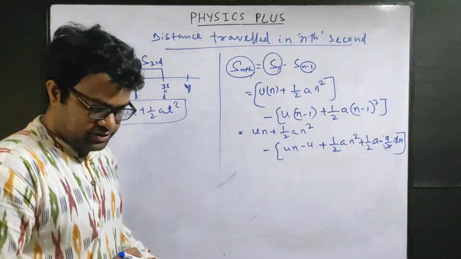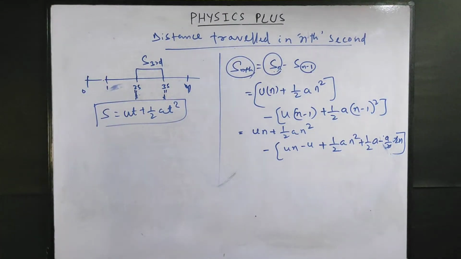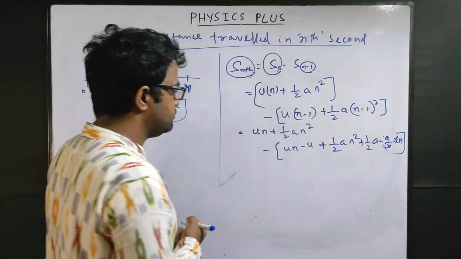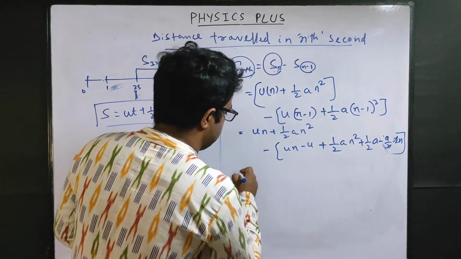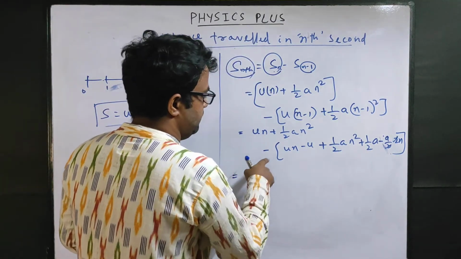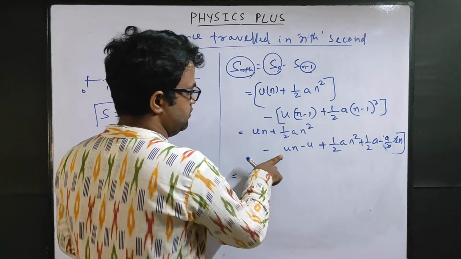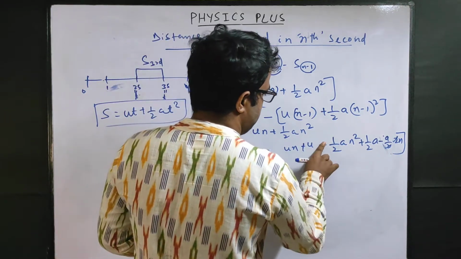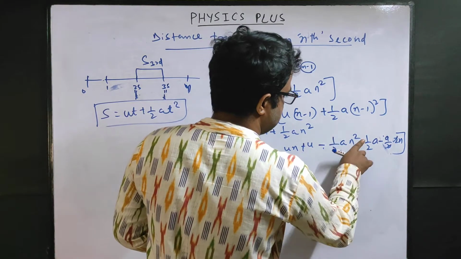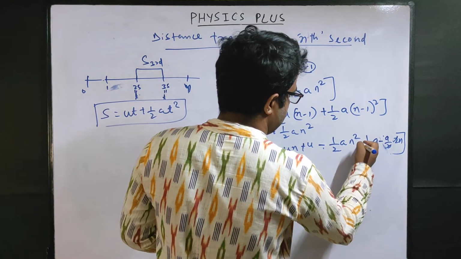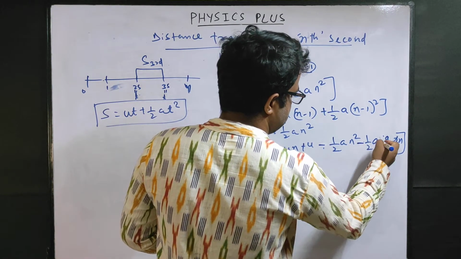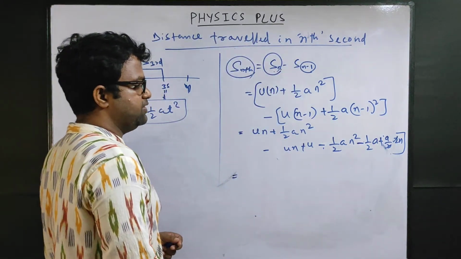So what you are getting here, just open the bracket, so this one will be minus, this is plus, this is minus, and this will be minus, this will be plus, if you open the bracket.